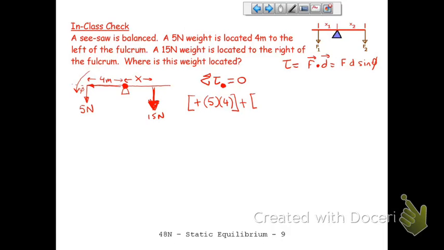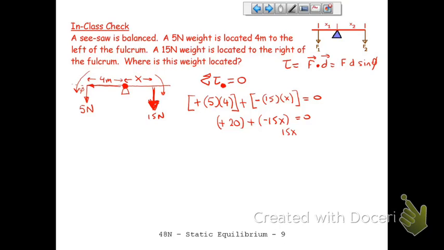And for this next one, it's going to be 15 times x. And that's going to be making it go in a clockwise direction, which is negative. And that equals 0. This must sum to 0, because it's a seesaw, not spinning round faster and faster. It's just balanced there. So then we get plus 20 added to minus 15x is equal to 0.